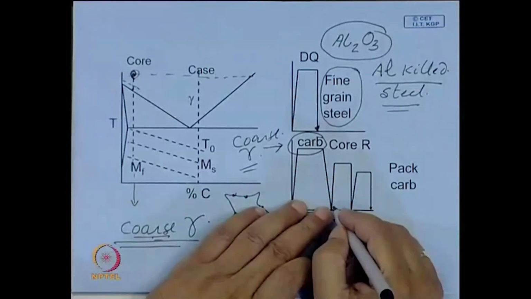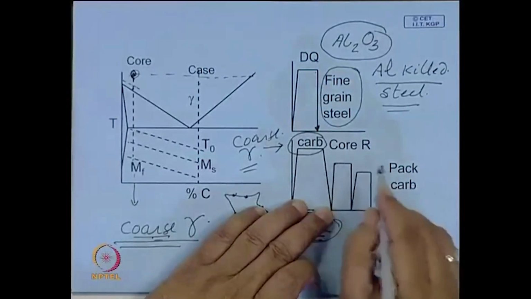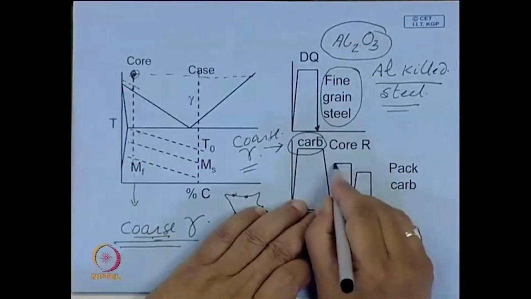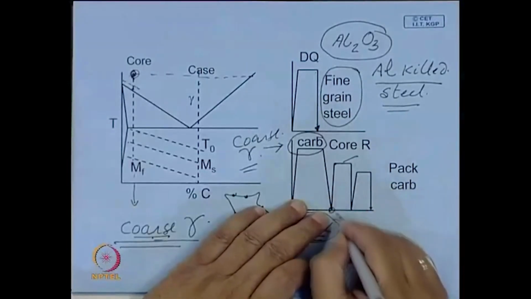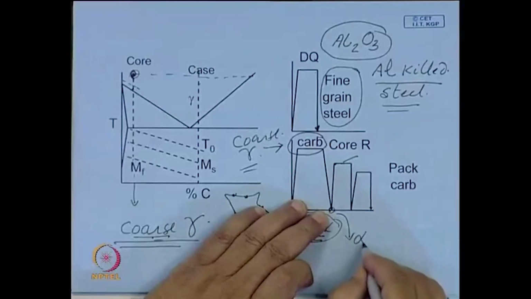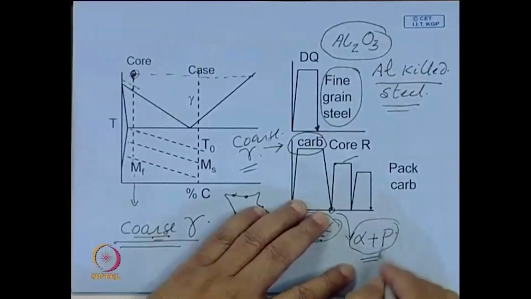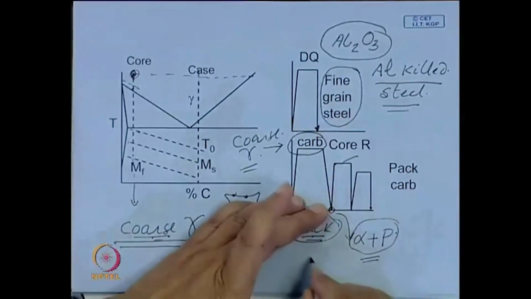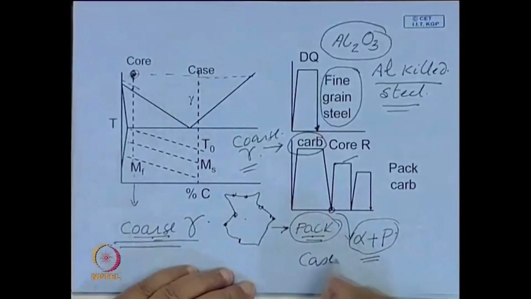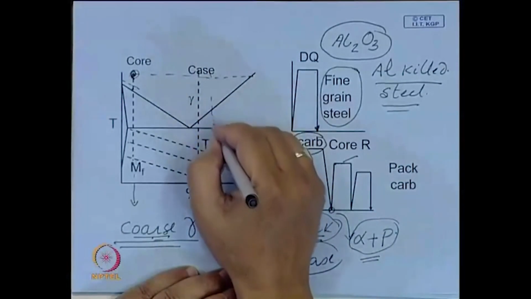So, in the core also you will have coarse austenite grain, but the core will be made up of ferrite plus pearlite, though the prior austenite grain size will be coarse, whereas the case has a high carbon content somewhere in this region.